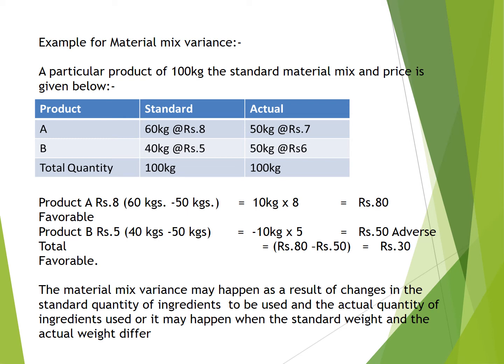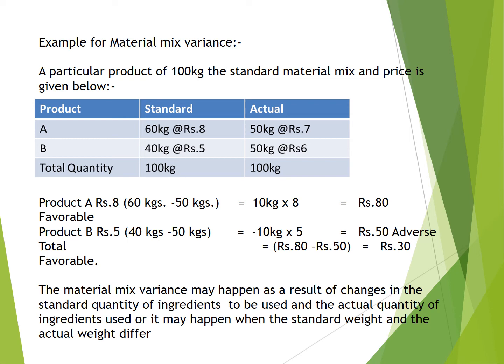Now let us find out the variance. Product A is rupees 8. So the variation is 60 kg standard, actual 50 kg. So 10 kg is favorable. So 10 into 8, 80 rupees.